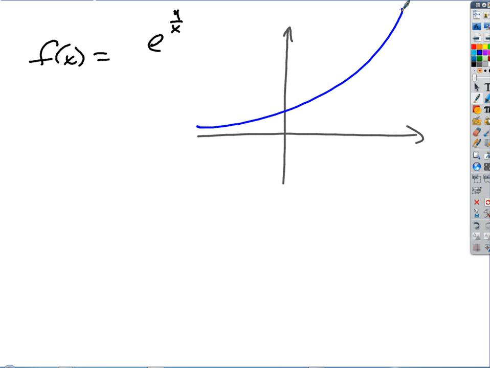So that's fine, except within the argument of that exponential, we have an inverse function, and that could cause problems.